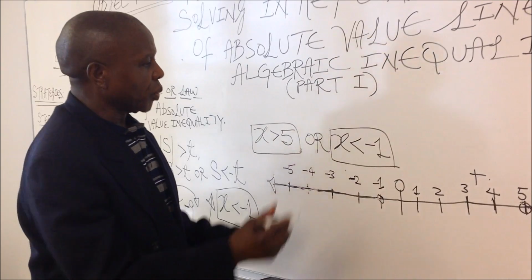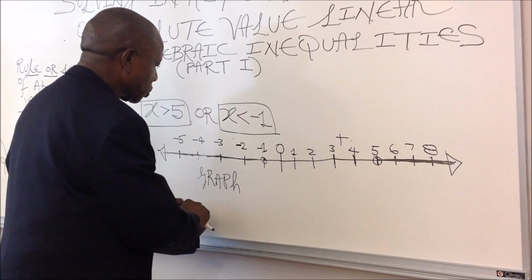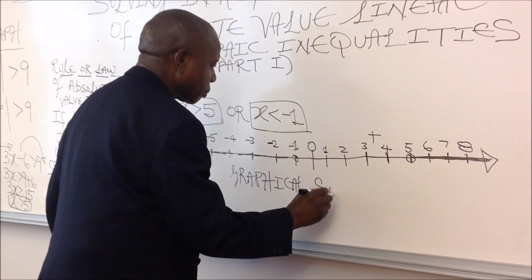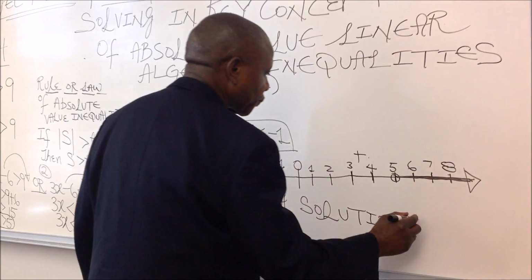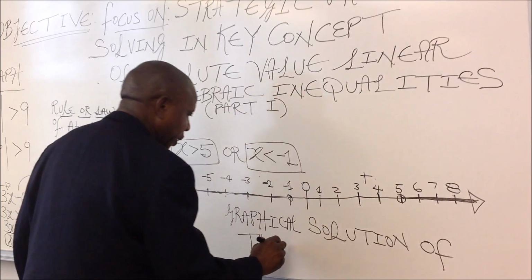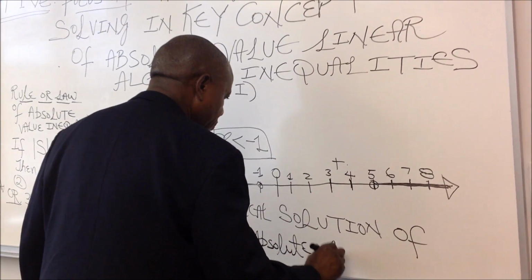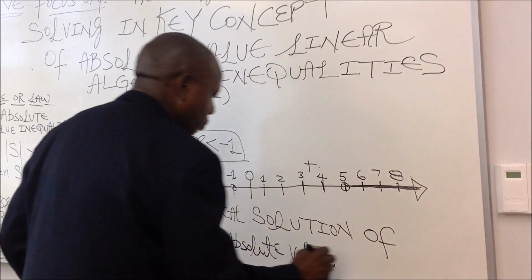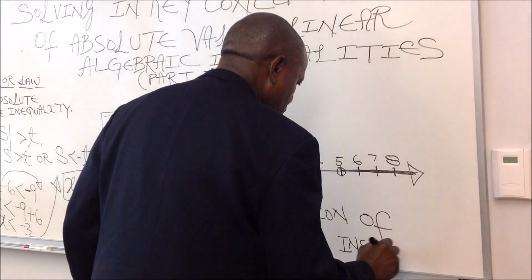So here we have what we call the graphical solution of the absolute value inequality problem.